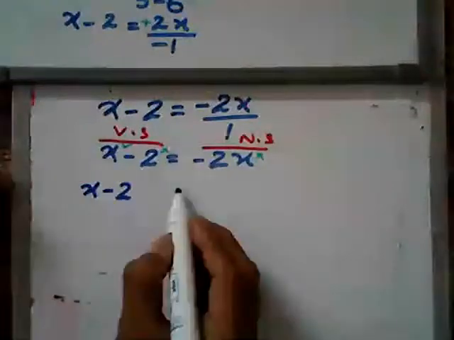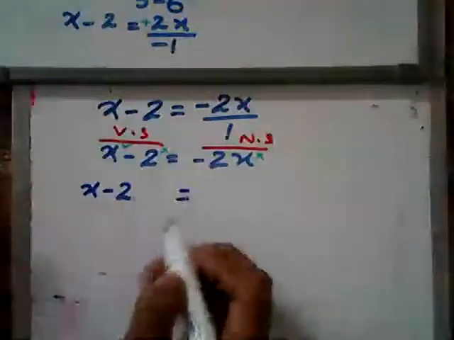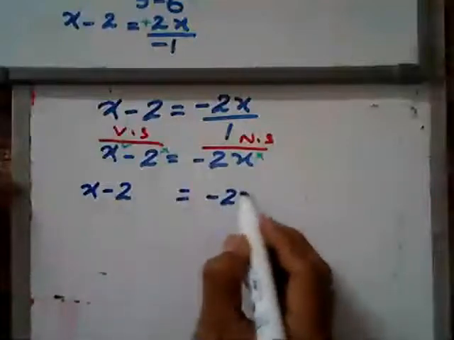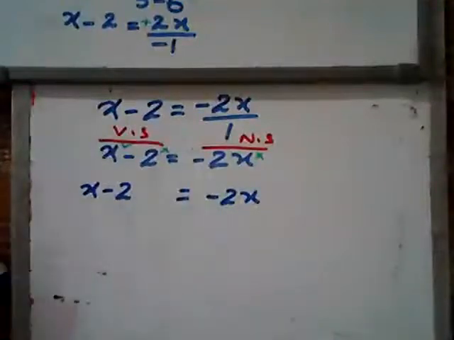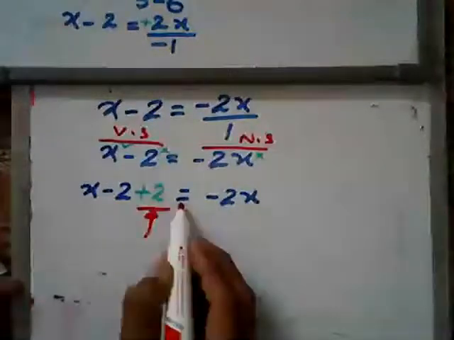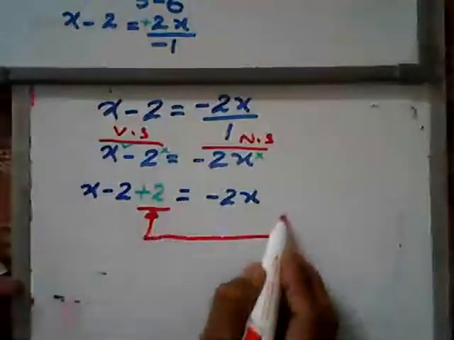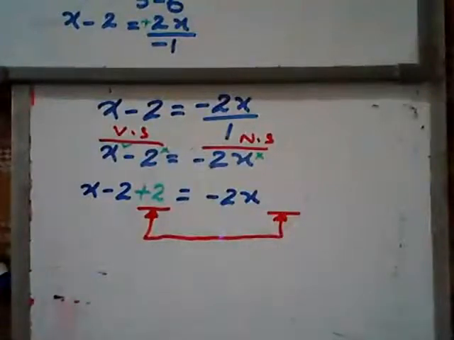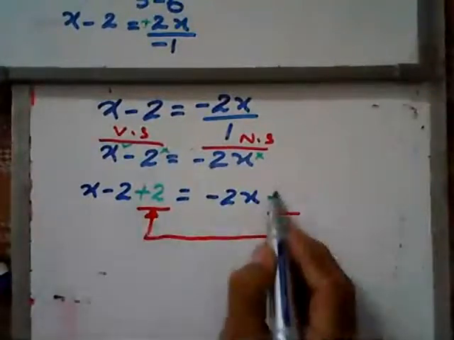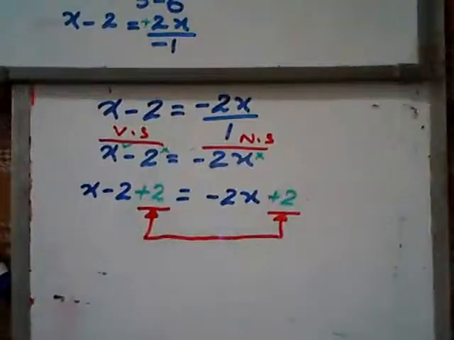We put some space to deal with it properly. Now we see that minus 2 is unbalancing it, so to make it balanced, we do the same on the other side: plus 2 on the other side. So here it cancels, here it cancels.